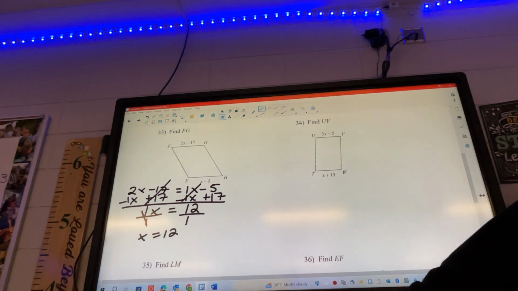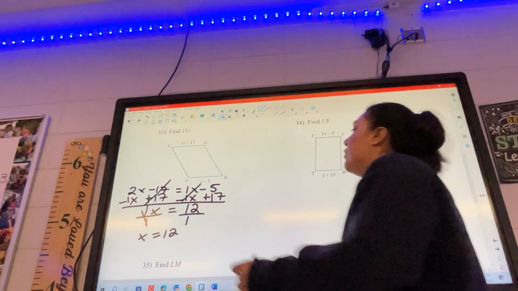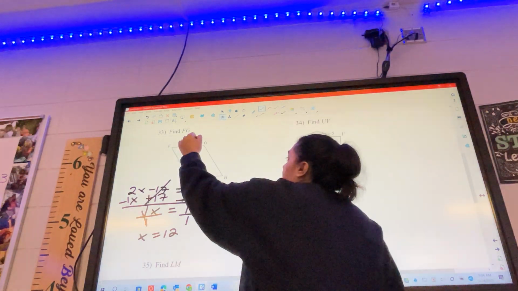The bottom one is easier. Does it matter whether we plug into the top or bottom? No, because they equal the same number. It's very easy to plug into the bottom one because it's really just 12 minus 5. What is 12 minus 5? 7. So if the bottom is 7, then the top is also 7.